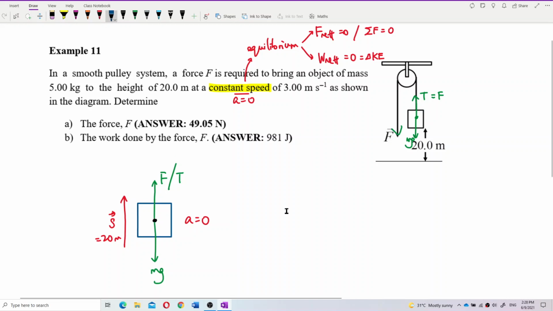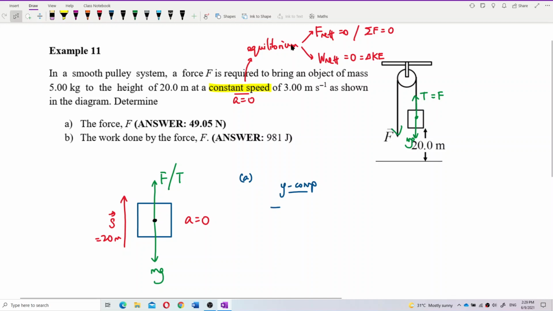Now let's continue. I want to find the force F. Force F is very simple, because this is equilibrium, isn't it? So go back to your chapter on forces. You look at the y component, because it says constant speed, acceleration 0. So we can say it's equilibrium.